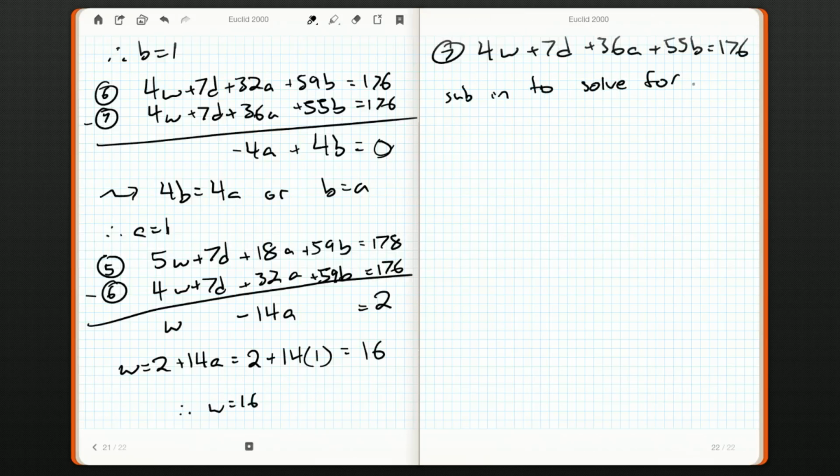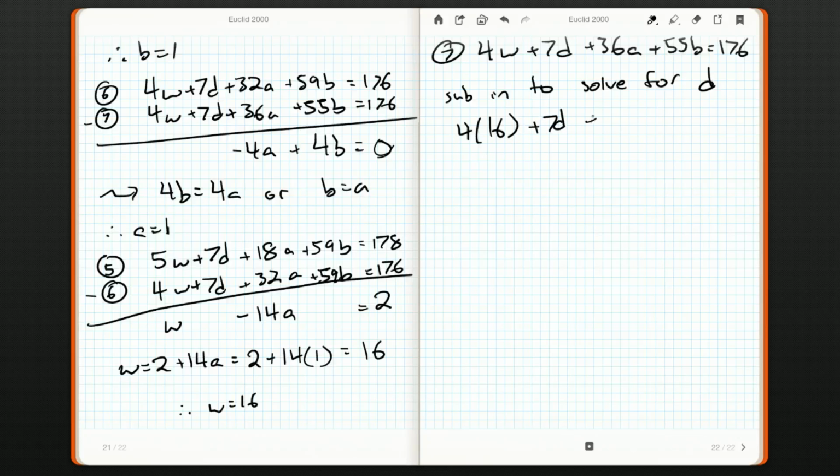So we sub in to solve for D. So we have 4 times 16, that's going to be 64, plus 7D plus 36 times 1 plus 55 times 1 equals 176.